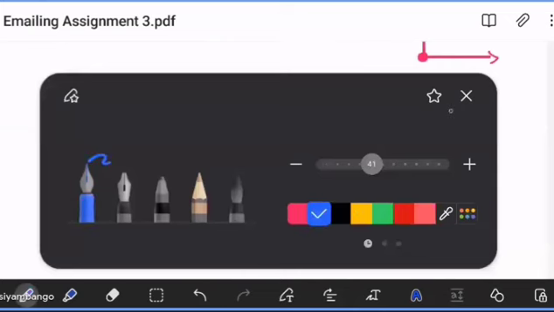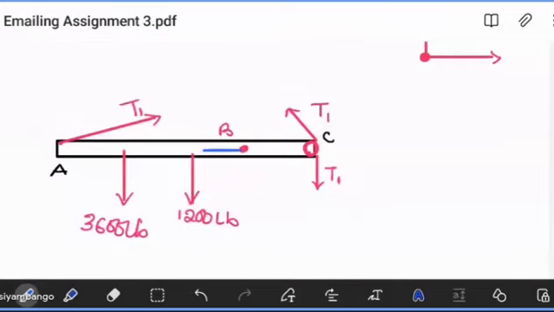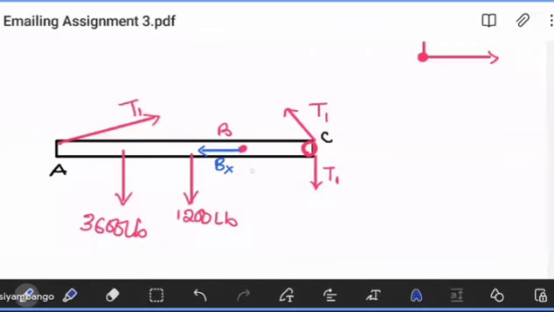So here, I will assume the horizontal one goes sideways like this, and I'll say this is Bx. For By, again, I am just assuming I'll pick By to be this direction. Just by doing this, our free body diagram is complete for the member ABC. This was the only point which was shared.